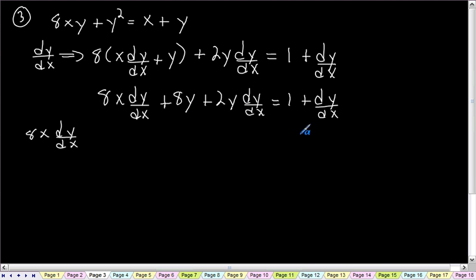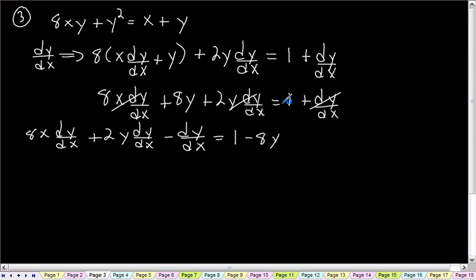I'm going to leave this here, plus 2y dy/dx. Now I'm going to subtract dy/dx on that side. Now move the 8y to the other side by subtracting it. This stays the same. That becomes minus 8y. So everything's accounted for.